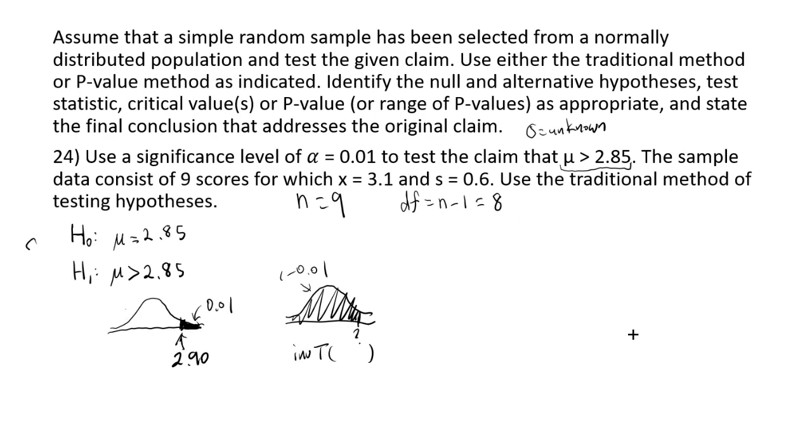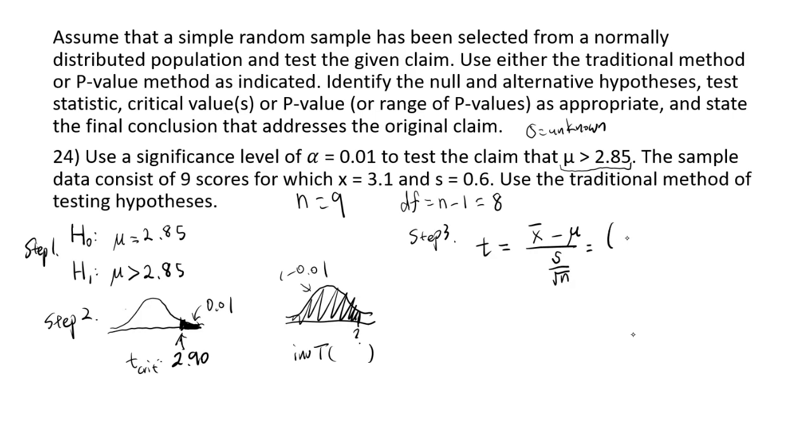So maybe I should say step 1, do this. Step 2, we found that the t critical, because it's a t-test, is 2.90. And then step 3, we compute the test statistic. T equals x bar minus mu divided by sigma over square root of n, but we don't have sigma, so we just use s over square root of n.